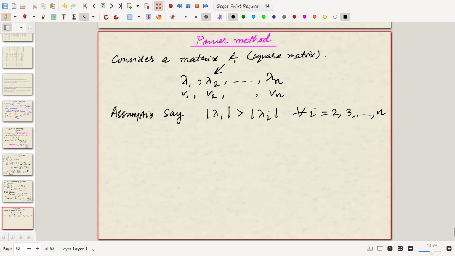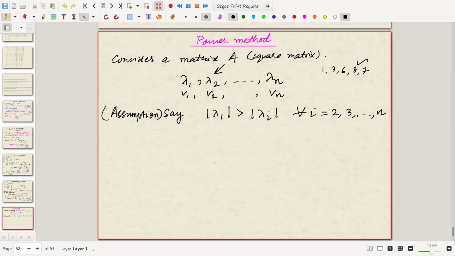Don't worry about how this can always be true. Think of lambda 1 as just an eigenvalue. Suppose you have eigenvalues 1, 3, 6, 8, 7. Which one should you make lambda 1? 8, isn't it? 8 is the largest eigenvalue, so make 8 to be lambda 1.